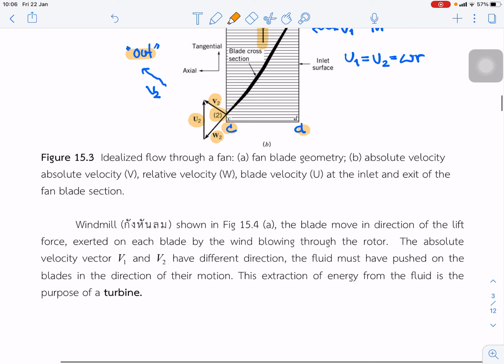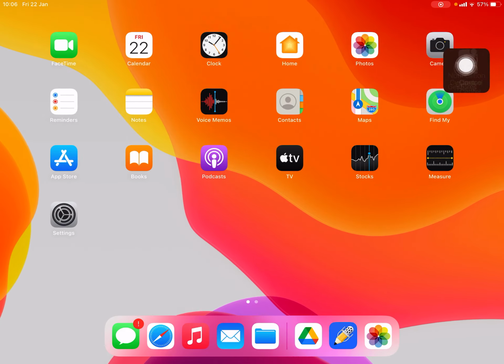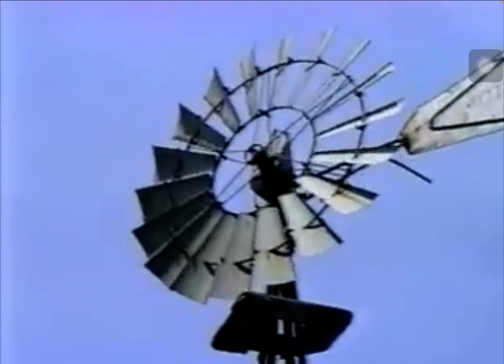The next case is about the windmill, and we show you what this looks like in the clips. That is a small windmill. In this case, the air pushes the blade. You can see common windmills in the countryside. It's a multi-blade windmill.